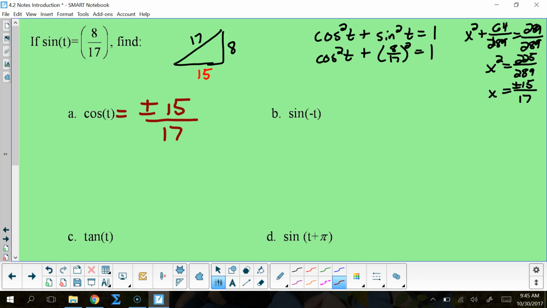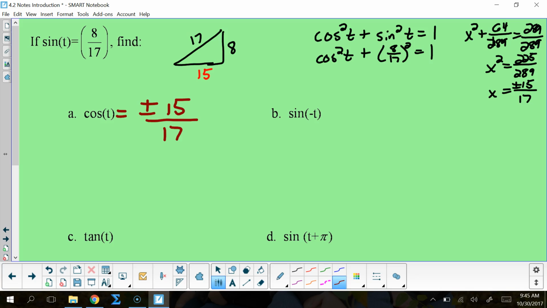Which two quadrants does positive sine live in? First two, first and second, right? The top half of your unit circle is where they live. Well, in quadrant 1, the cosine is positive, but in quadrant 2, cosine is negative. So you have to give both there.